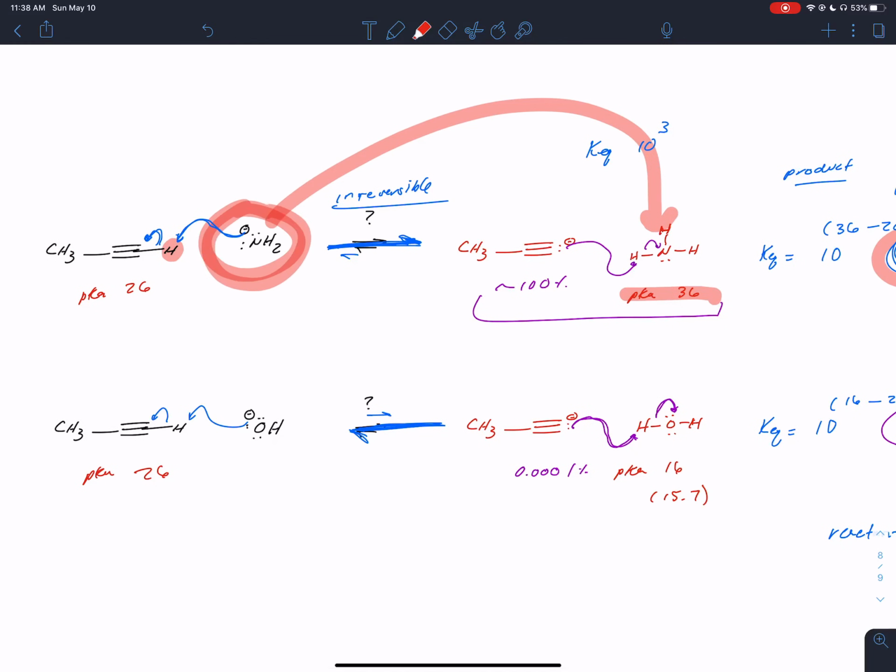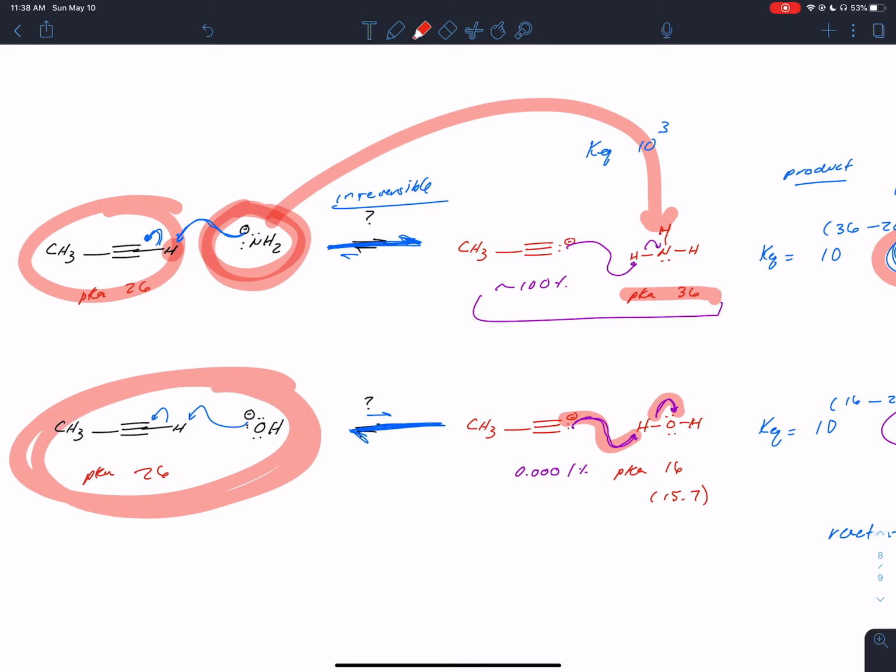Therefore, yes, this base is strong enough to irreversibly deprotonate to form our conjugate species. However, that was not the case down here. Hydroxide would deprotonate to form a conjugate acid whose pKa was smaller than the pKa of the acid we were attempting to deprotonate. And as a result, the reverse reaction was more favorable, and it was a reactant-favored reversible acid-base reaction. It was not irreversible.